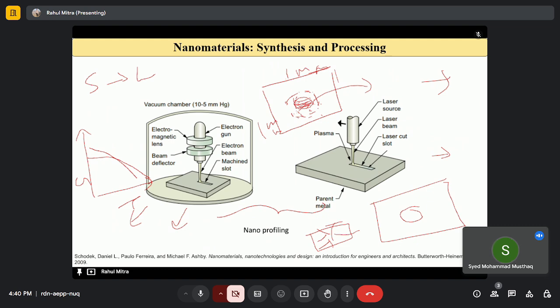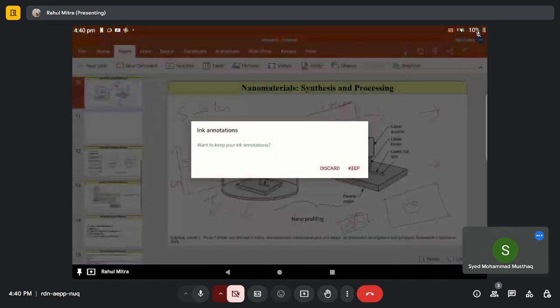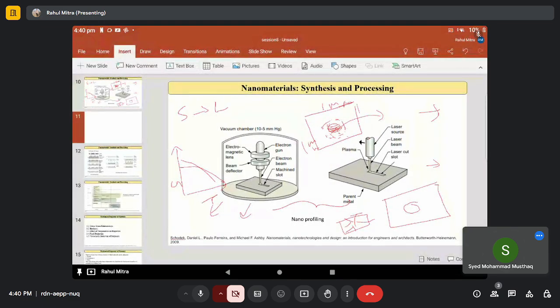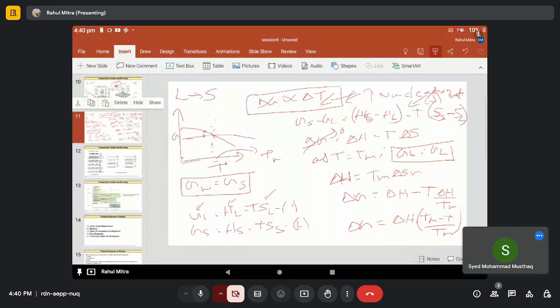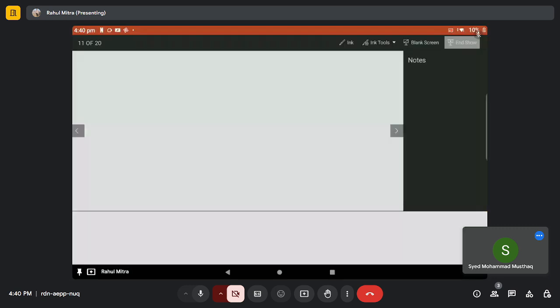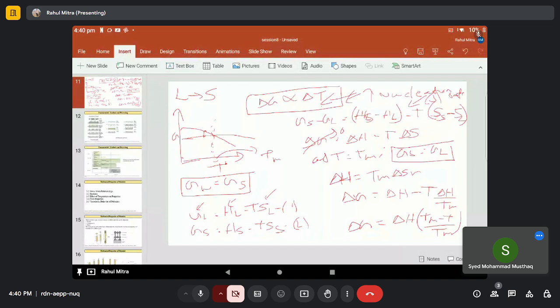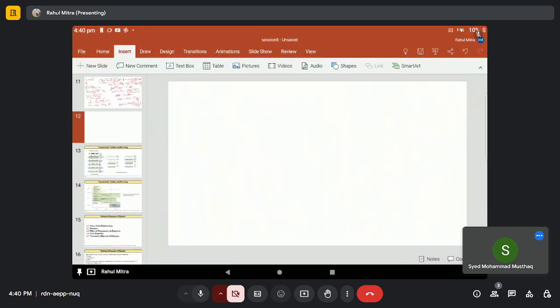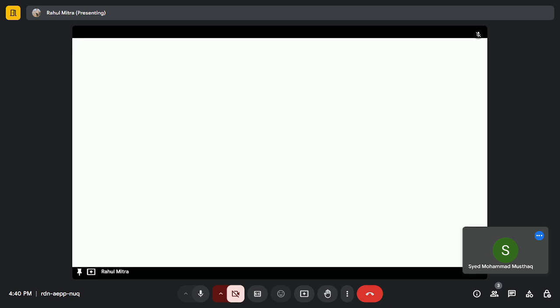Why? Because of the diffusion, the diffusion equation 2. From the previous slide we know the nucleation rate will increase with decreasing temperature.